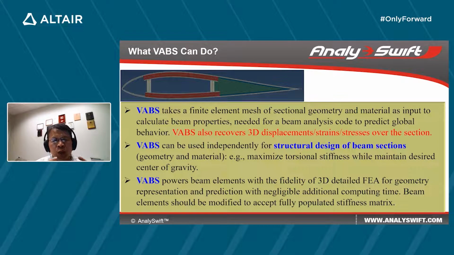VABS also powers beam elements with the fidelity of 3D FEA for geometry representation and prediction, with negligible additional computing time in addition to the traditional beam theory. And one point I have to emphasize is that the beam elements should be modified to accept a fully populated stiffness matrix.